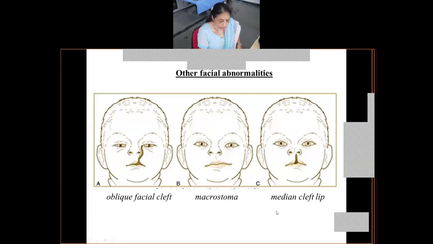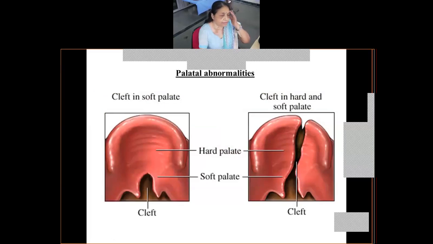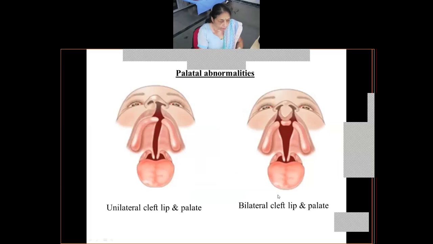Now come to the palatal abnormalities. Usually, along with the cleft palate, there is cleft lip. It may occur only in the soft palate region. So that is the posterior cleft, and it may be complete. But the nasal septum meets with one of the palatal shelves, so this is the unilateral cleft, but it is a complete cleft.